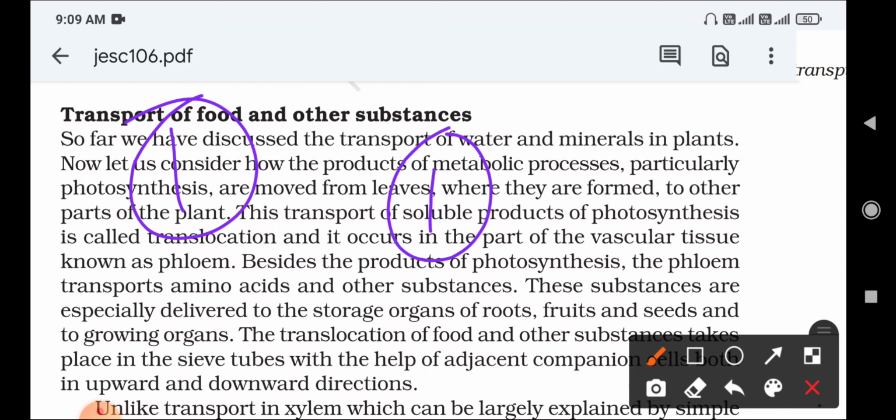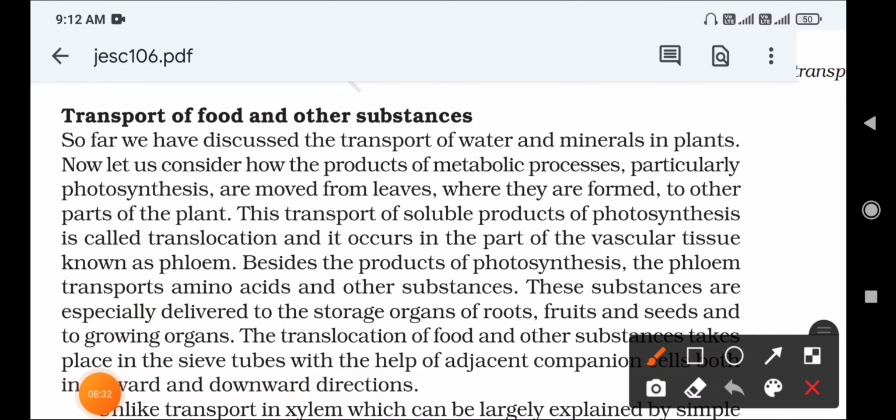Okay, next we will discuss the transport of food and other substances. So far we have discussed the transport of water and minerals in plants. We already discussed that in highly organized plants, water and minerals are transported by xylem tissues. Now we'll discuss how food and other substances are transported in highly organized plants.